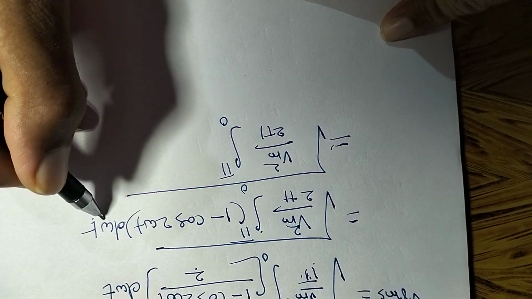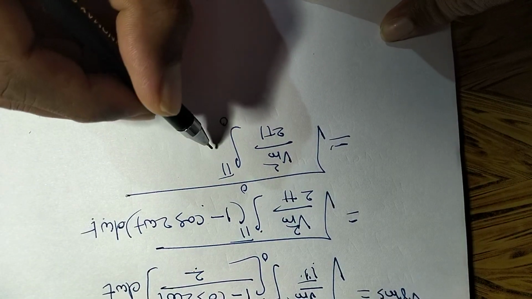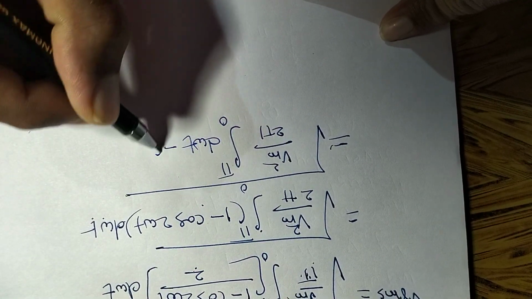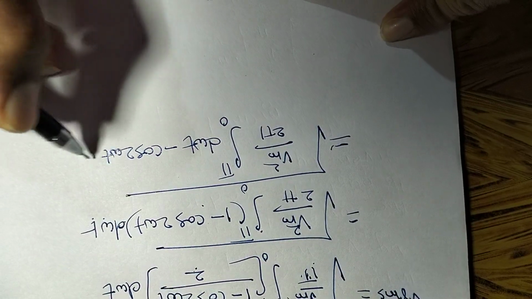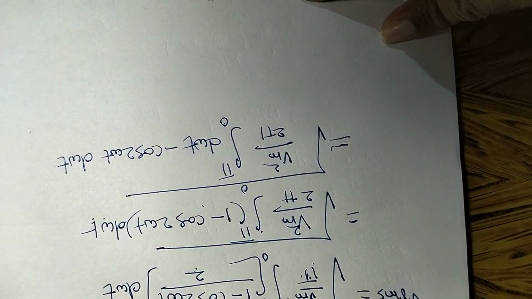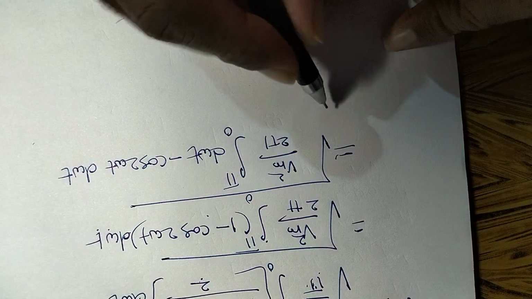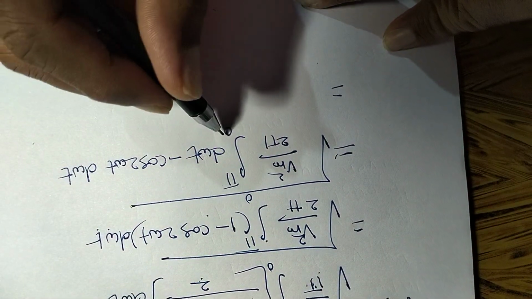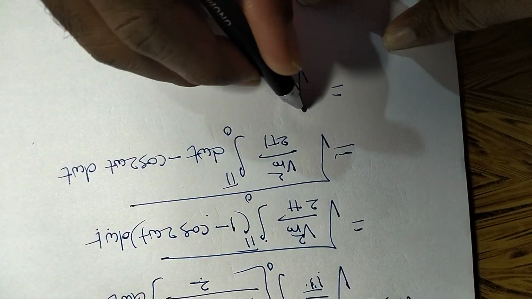Multiplying out, we get d omega t minus cos 2 omega t d omega t. Now you should apply integration with respect to omega t.